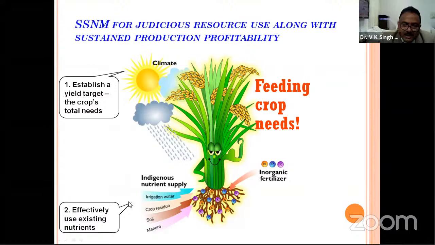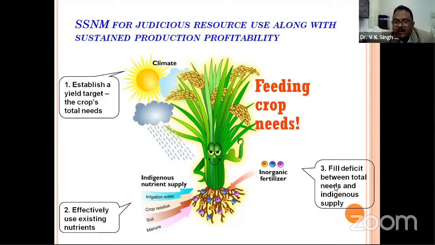So this much is there already with the farmer. This is the target. So to attain this target, how much nutrient we have to apply, that should come from fertilizers. In a nutshell, this is site specific nutrient management.